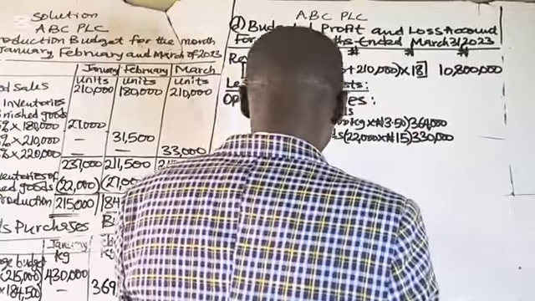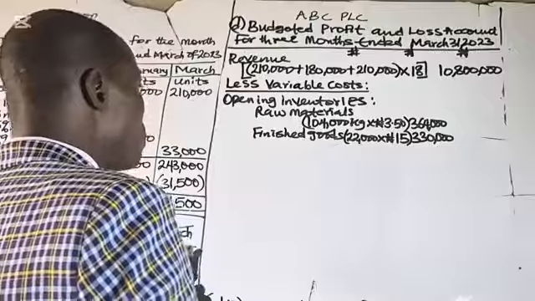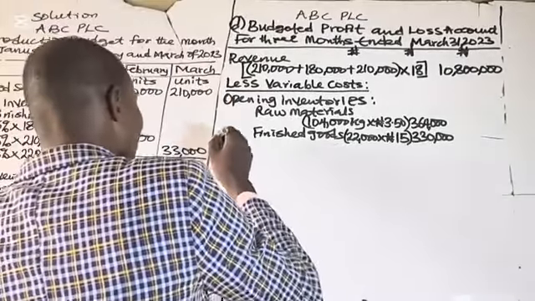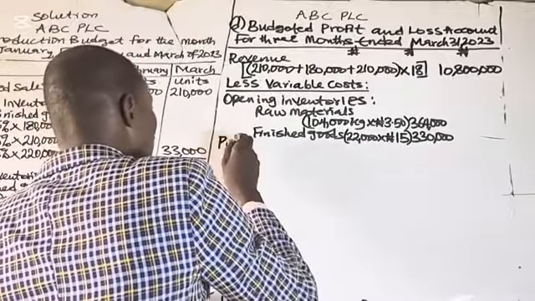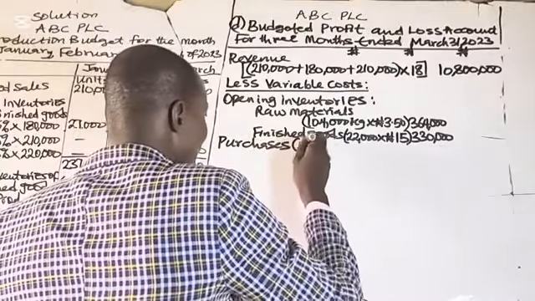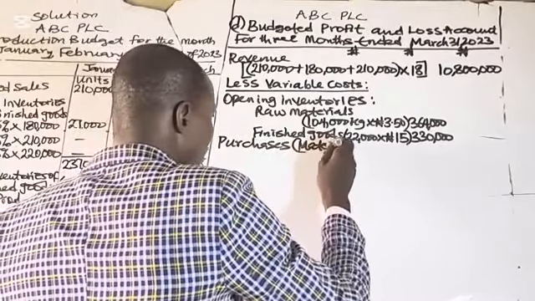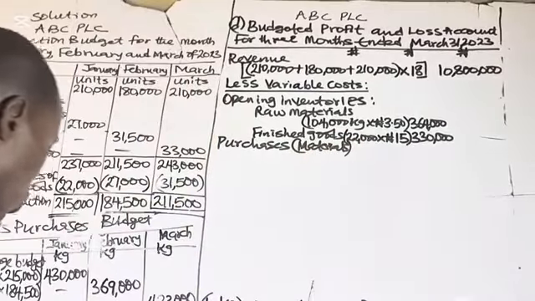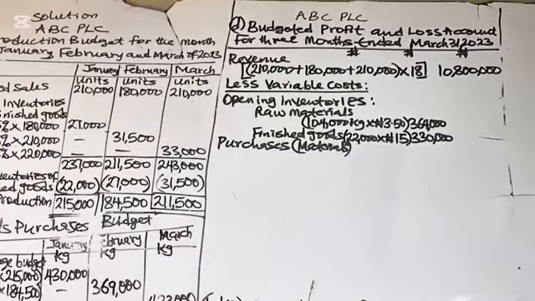330,000. After the opening inventories, the next thing is purchases. We have purchases, which is material purchase. You are given purchase for materials in the question. So now let's go to our budget, the material purchase budget.